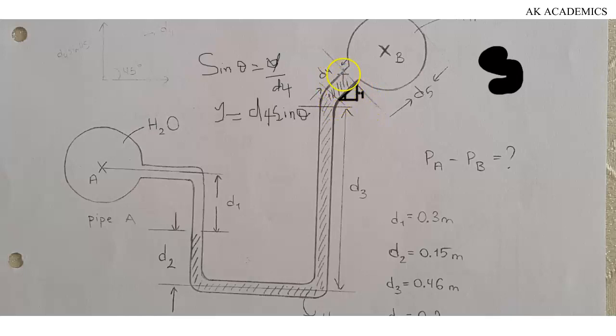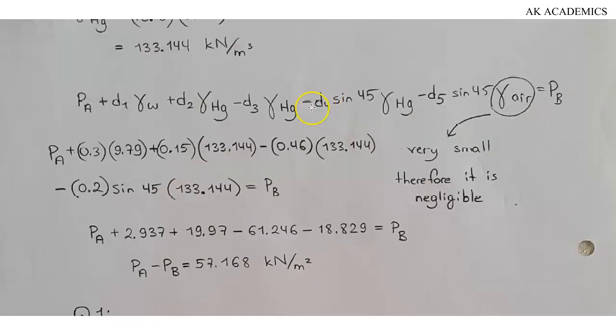So the pressure here, since it is inclined upward, will be minus D4 sine 45 multiplied by the specific weight of mercury. The same thing is going to happen to the air because it is also inclined upward. So that's going to be minus D5 sine 45 multiplied by the specific weight of air, and everything will be equal to PB.